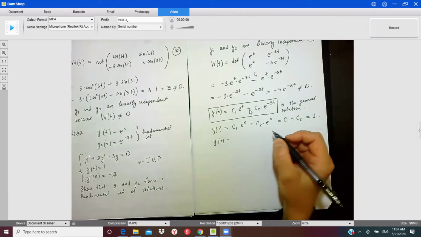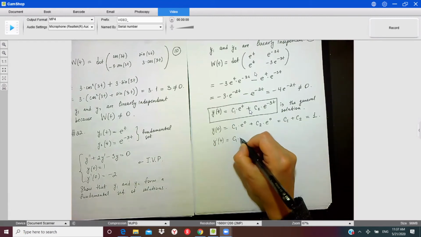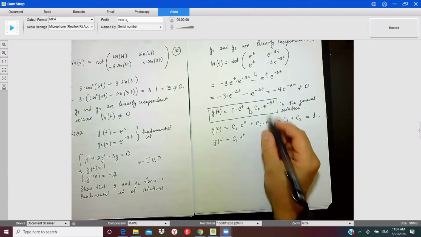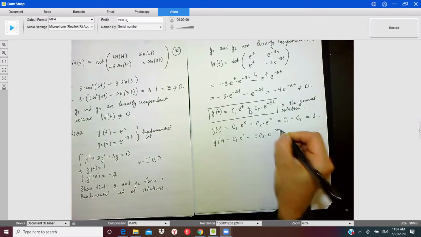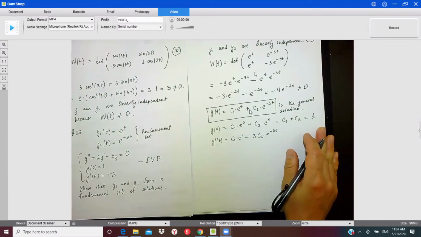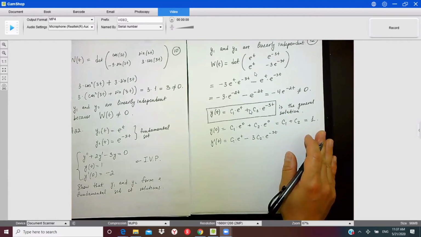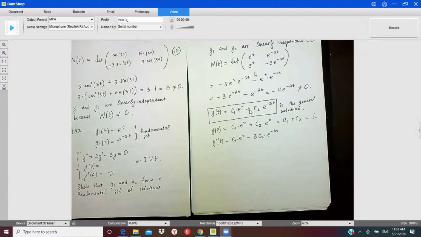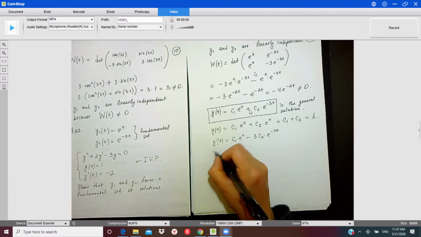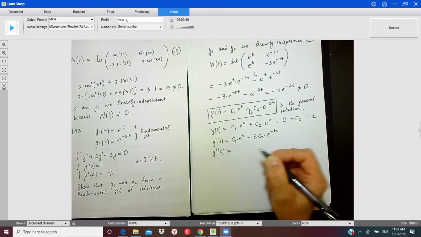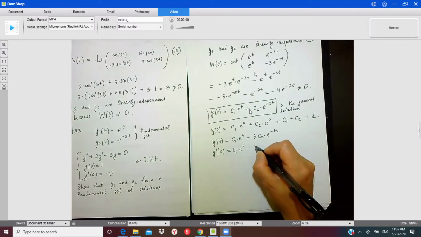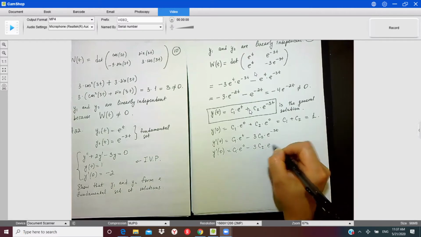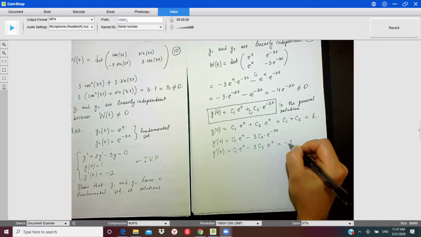So y prime of t is c sub 1 e to the t, and then minus 3c sub 2 e to the negative 3t. So this is the derivative, right? And we're using this initial condition, y prime of 0 is equal to c sub 1 minus 3c sub 2, and then equals negative 2.